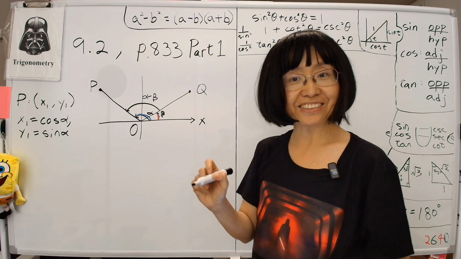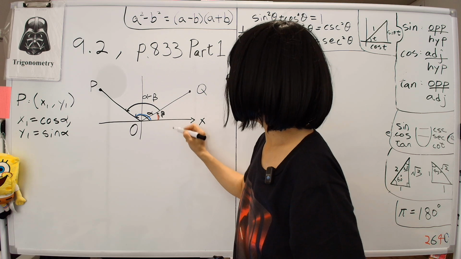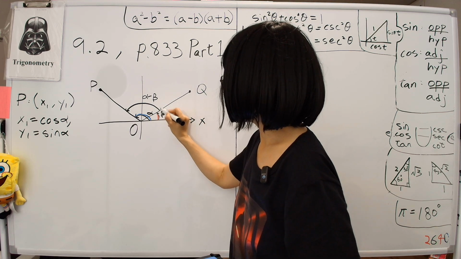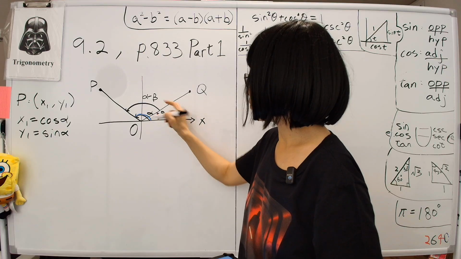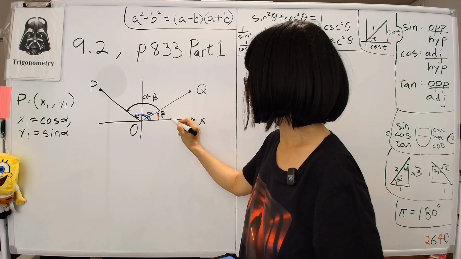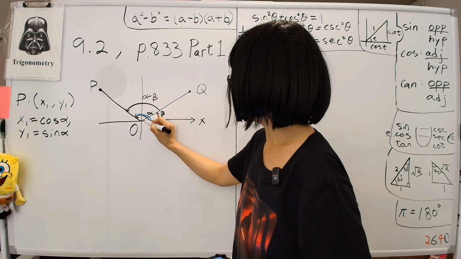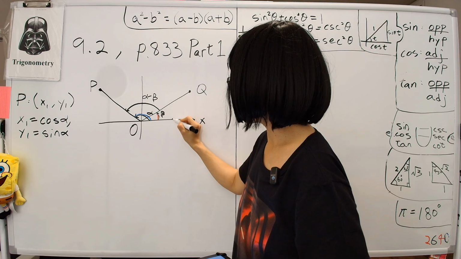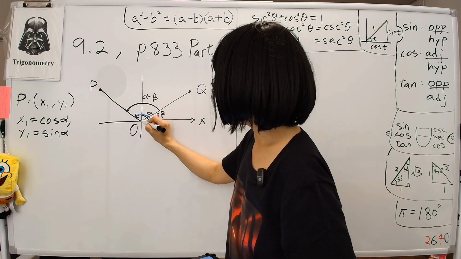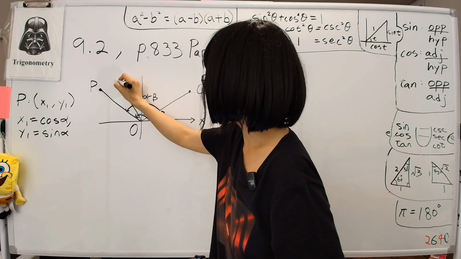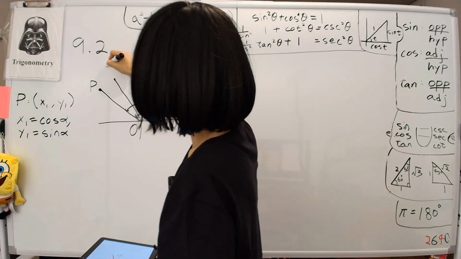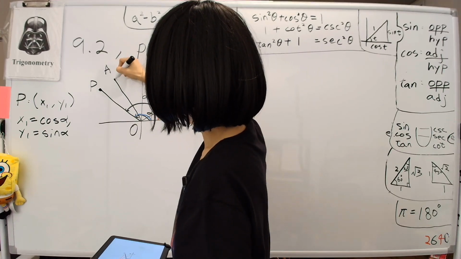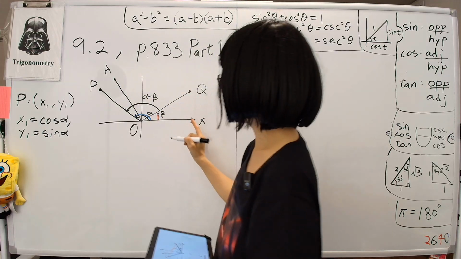Now we're going to play a trick. From here to here is alpha minus beta. We're going to also measure alpha minus beta from the x-axis, going from here all the way to some point over here, which is also on the unit circle, and we'll call this point A. All these points are on the unit circle.